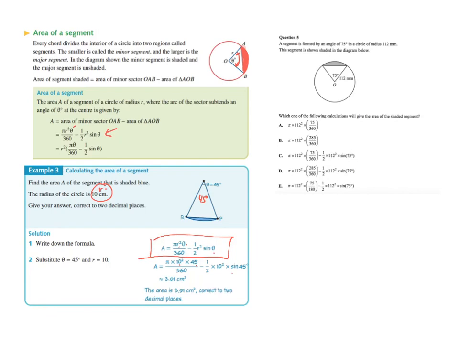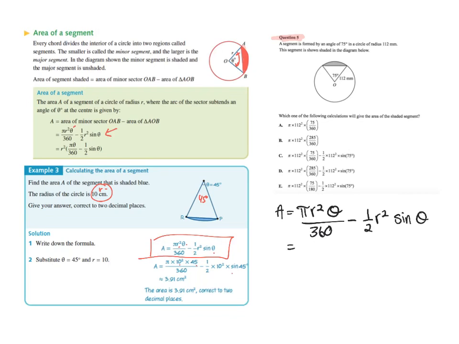So over in question 5, I've found the exam question they had. Question 5 is not too difficult. They said, which of the following calculations will give you the area of the shaded segment? You can see that it's the segment. So I'd write the formula for that, which is pi times r squared over 360 minus a half radius squared sine the angle.